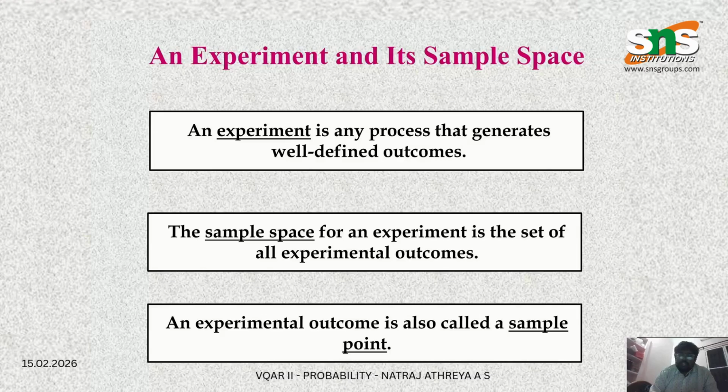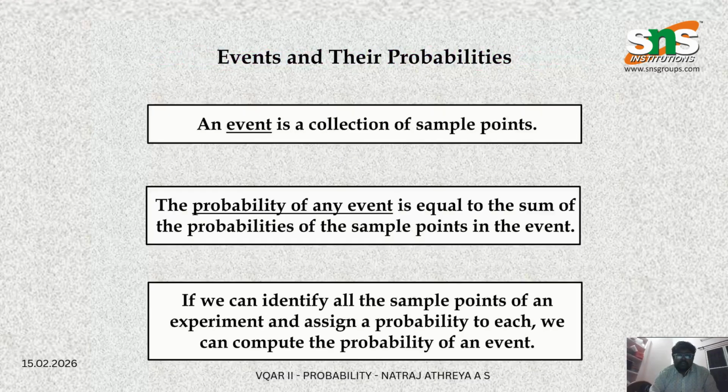Whatever possible outcomes can come, all of them put together in a set is called a sample space. An experimental outcome is also called a sample point. Each individual answer to the experiment is a sample point, and all the sample points put together make up the sample space.